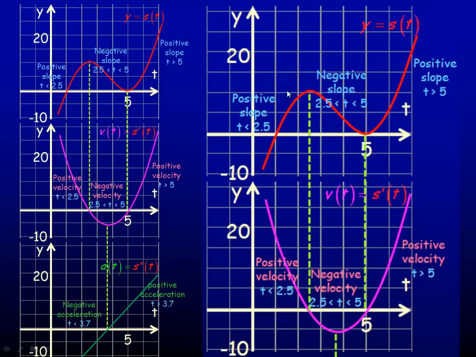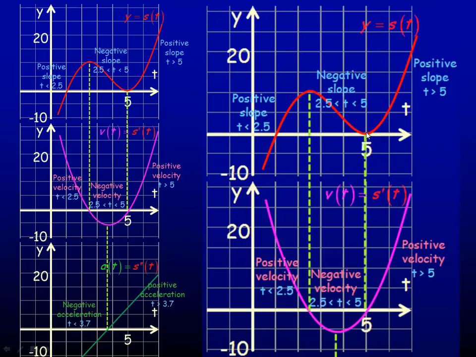At this point, if I drew in the tangent line, it would be horizontal, which means that the velocity should be 0 there, so that's why the actual y coordinate would be 0 here. Notice that's right at 2.5 seconds. I'm translating straight down from one graph to the other. Negative slope all the way along here. If the slope is negative for the displacement function, then that means that velocity is negative all the way along here. So that's why in the velocity graph, the y values are all negative between this point and this point again.